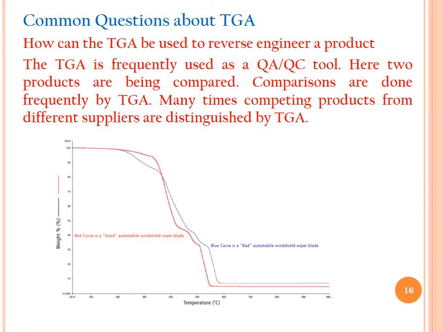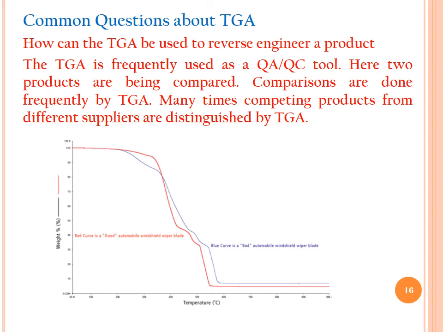So this is the curve again. The weight loss is along the y-axis, and the temperature changes along the x-axis. The red curve is the good automobile windshield wiper blade, while the blue curve is a bad automobile windshield wiper blade. So it's a comparison.